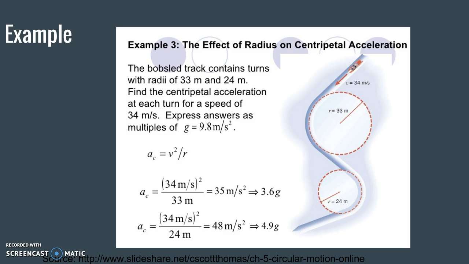If we do the math and convert to multiples of 9.8 meters per second squared, as we expected by looking at the formula, as we decreased our radius, we got a larger acceleration. We talked about that on the slide where we talked about the formula. So almost 5 times the gravity we feel on Earth, so quite a lot of g's.